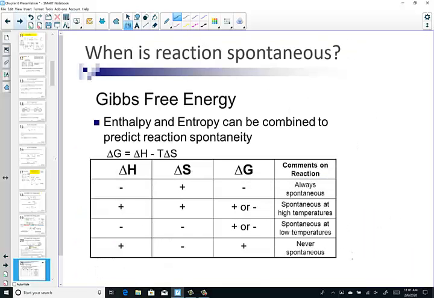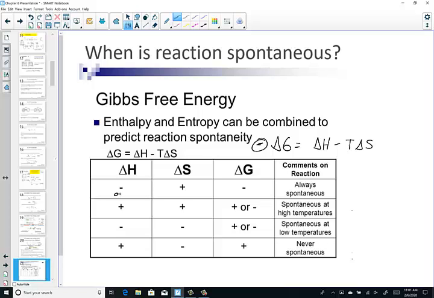And I know that you spent time in Gen Chem 2 with some similar chart where you had to consider all the possibilities to have delta G as negative, positive, or it could go either way, right? So if delta G is equal to delta H minus T delta S, how do I get this to be negative?